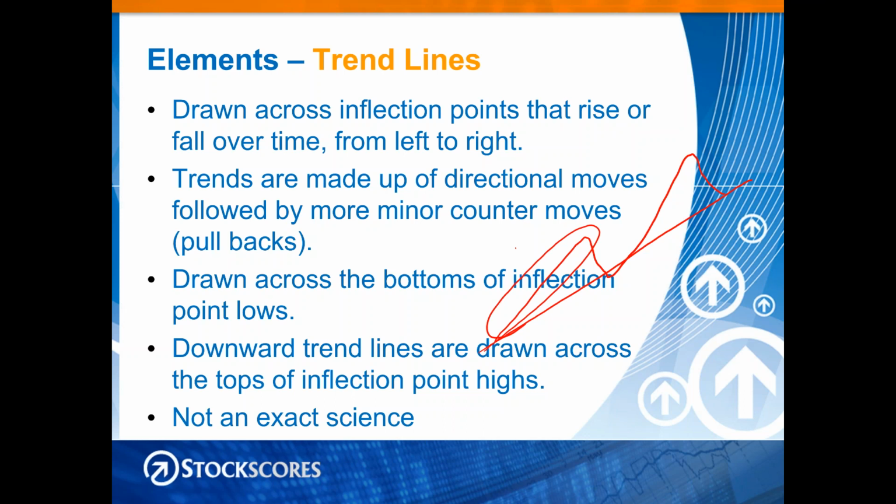This is not the trend. This is a move. Trend lines are formed by the inflection points that define them. By the same token, downward trends will often look like this. So we have inflection point highs, we have a move down and a pull up, move down, pull up, move down, pull up, and it's those pull-ups that define the trend line.